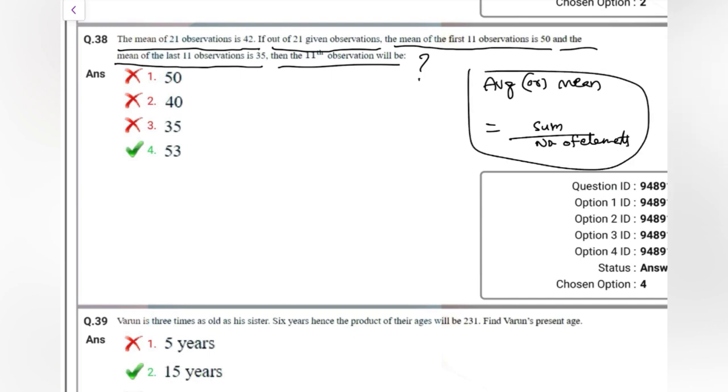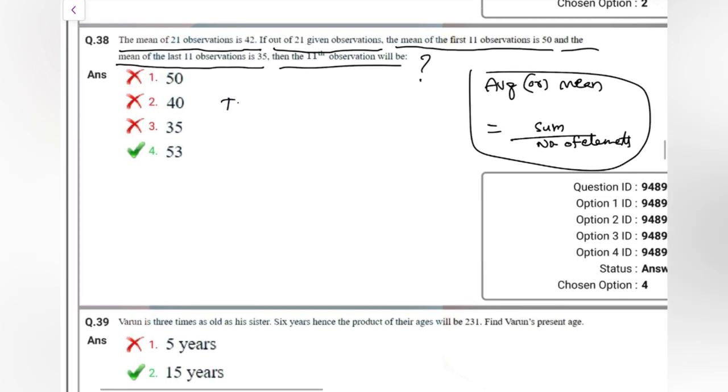Here, the mean of 21 observations is 42. It means total is equal to 42 into 21, which is 882.